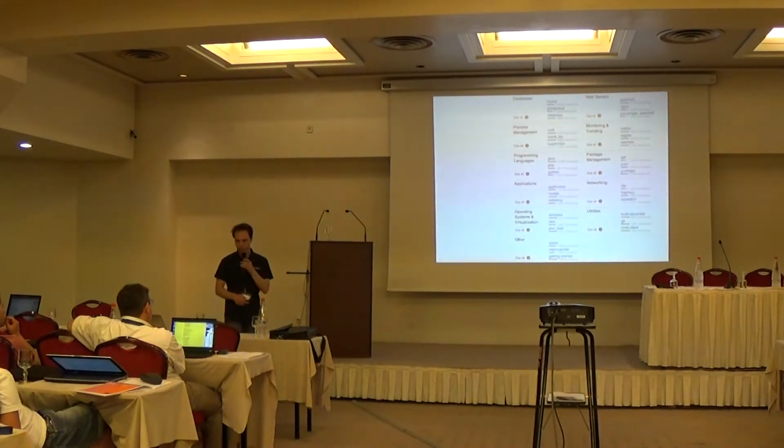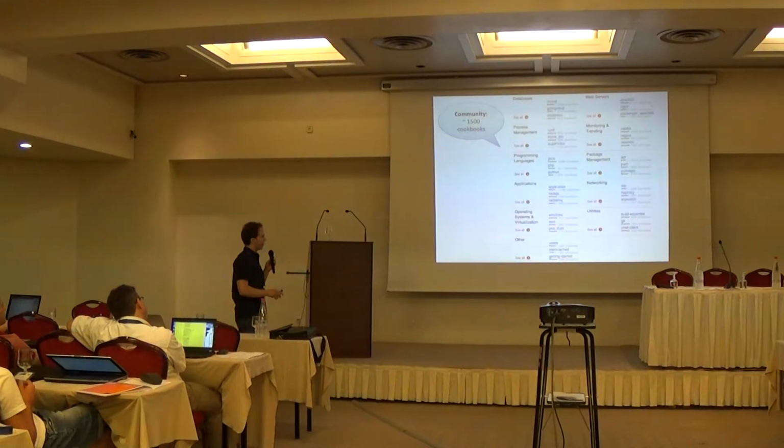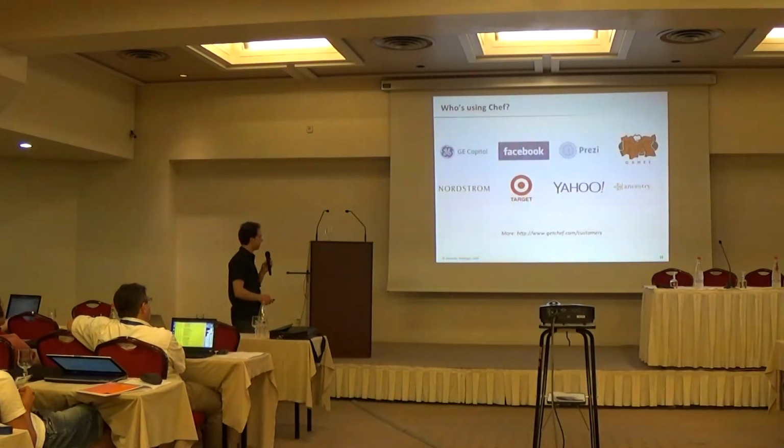In terms of the community, as I said before, the community is quite active. You find a lot of cookbooks and recipes to deploy middleware components and application components that are often used, like popular databases, web servers, monitoring tools, and so on. All in all, there are currently around 1,500 cookbooks available publicly as open source, and you can just download them and use them in your applications.